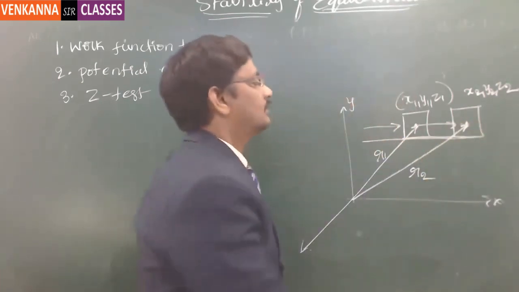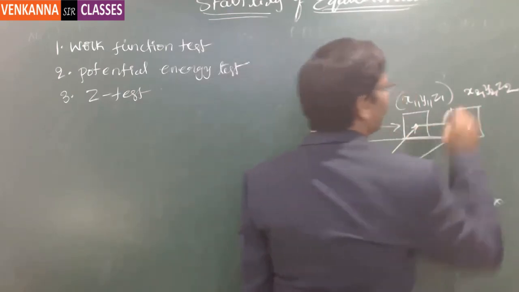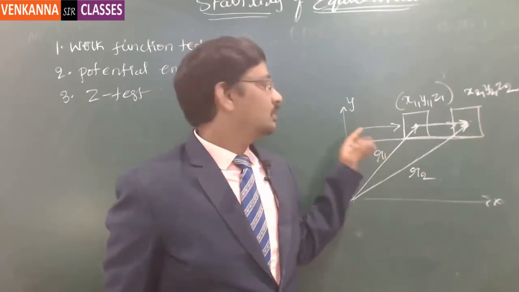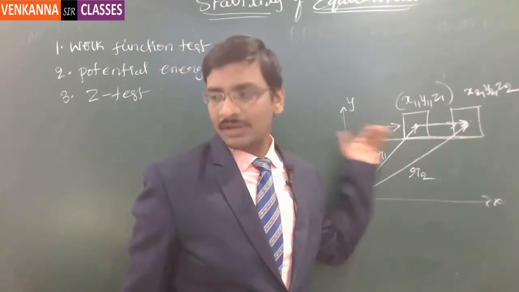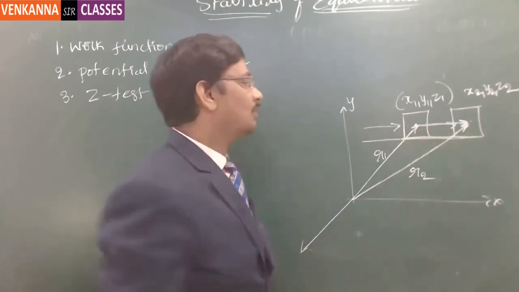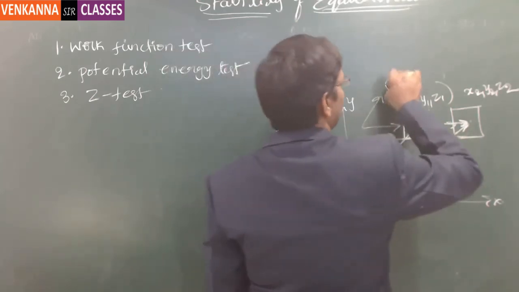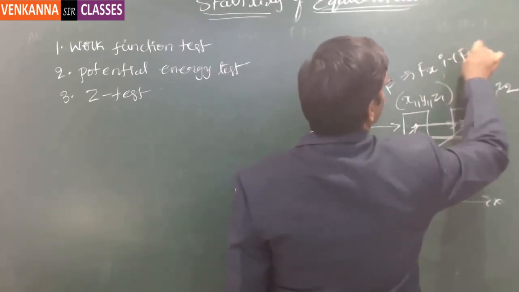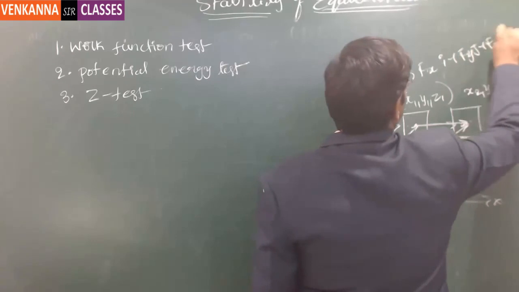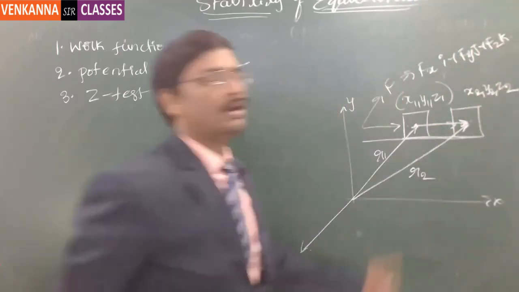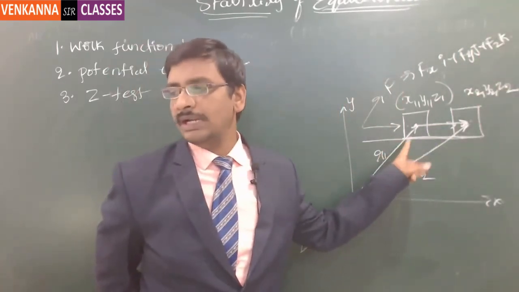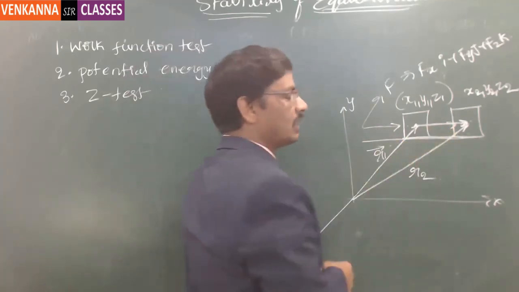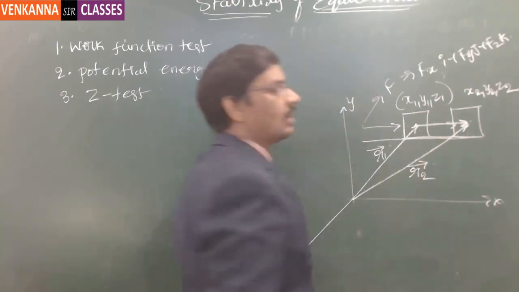In between, there is a displacement that the body acquired because of the application of this force. Though we have drawn the force parallel to the x-axis, it might be in any direction. So F can be treated as Fx i plus Fy j plus Fz k. This is the force I have applied on this body. Now it is moved to a new position. The initial position is R1 and the final position is R2.